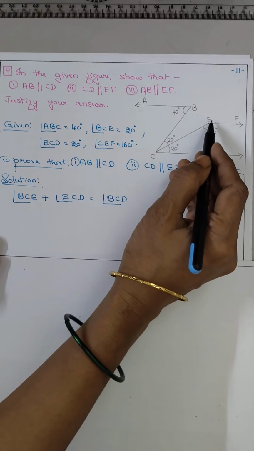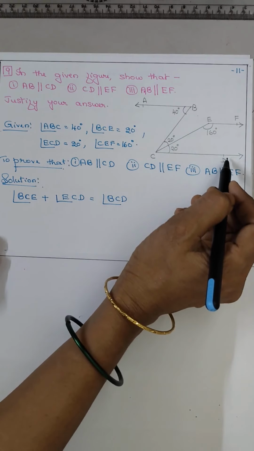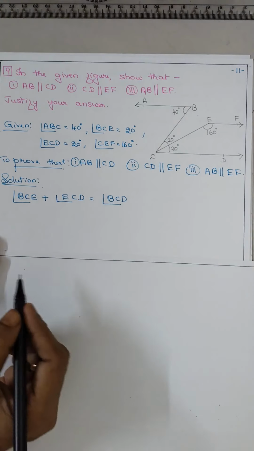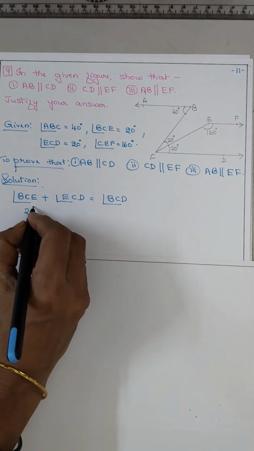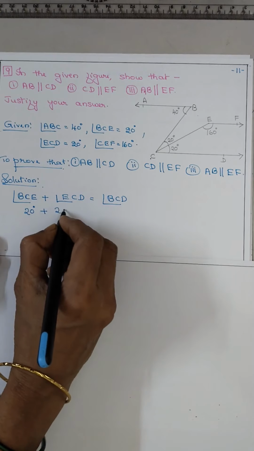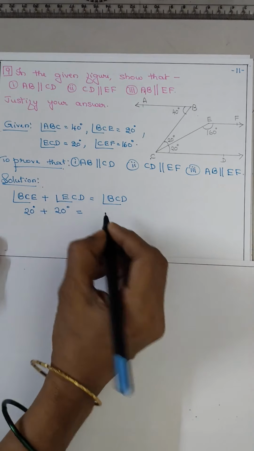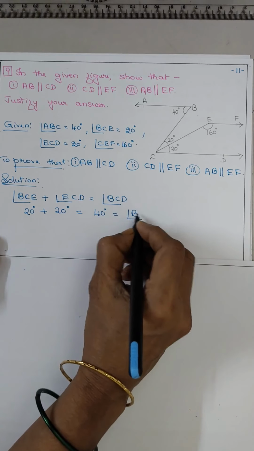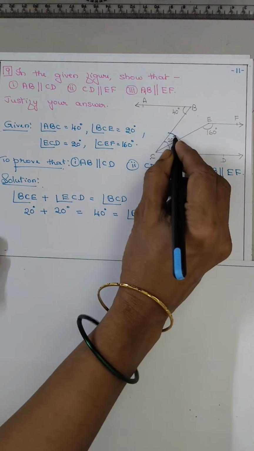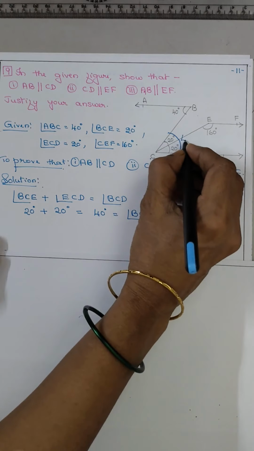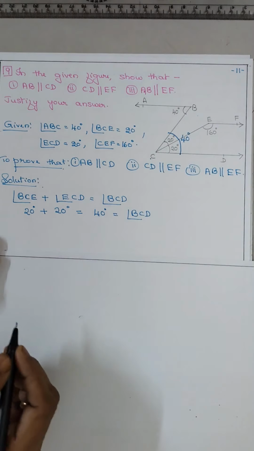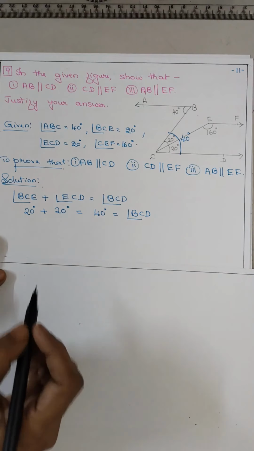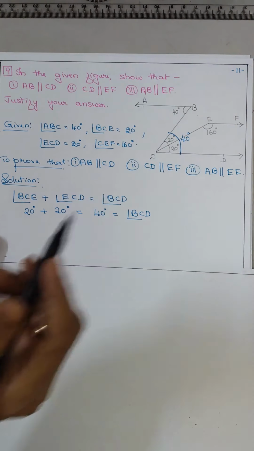BCE plus ECD is equal to angle BCD. So this became 20 plus 20 is equal to 40, that is angle BCD. So this full BCD, it became 40 degree. Okay. Now this is 40, this is 40.